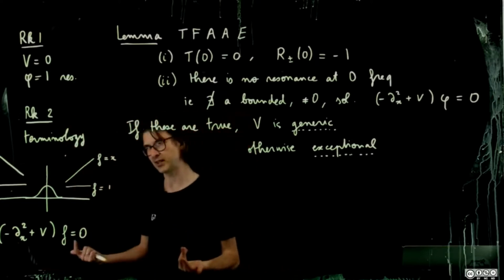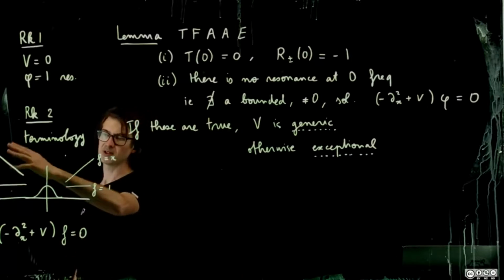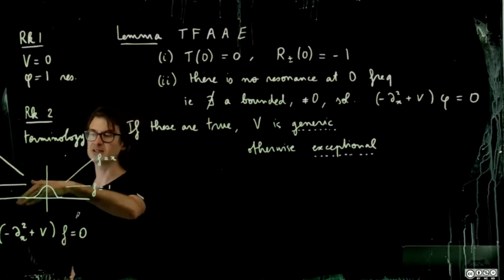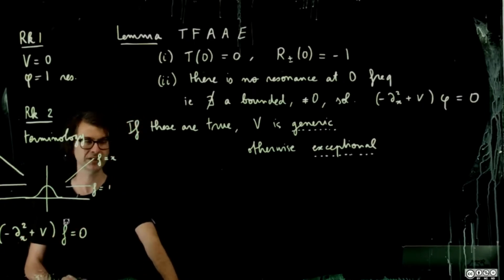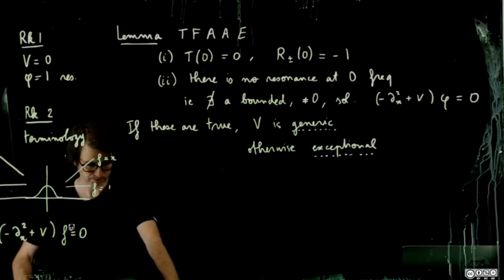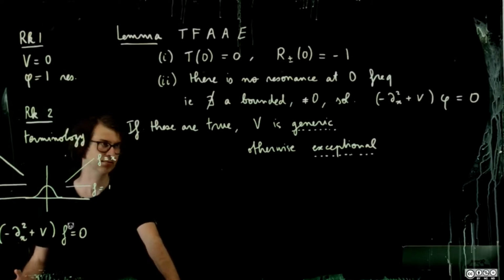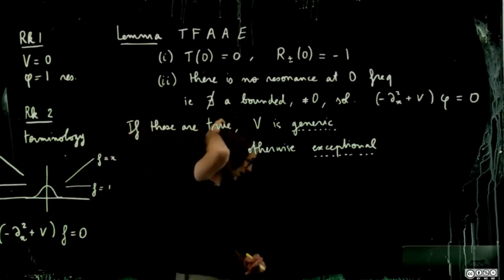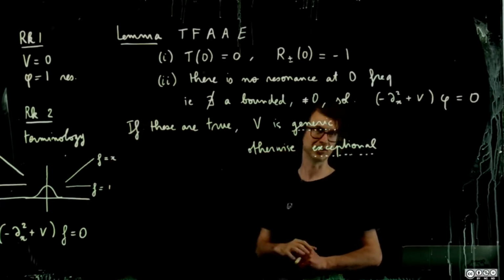Even generically, what comes out on the left is a non-trivial linear combination of 1 and x. Therefore the thing is not bounded, and you don't have a resonance. So this terminology is indeed meaningful: generically, a potential is generic.